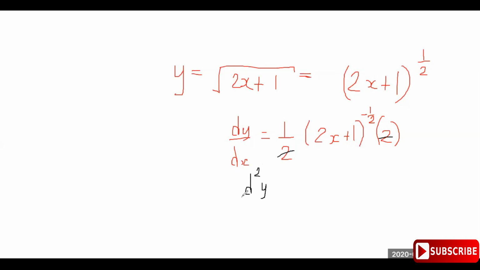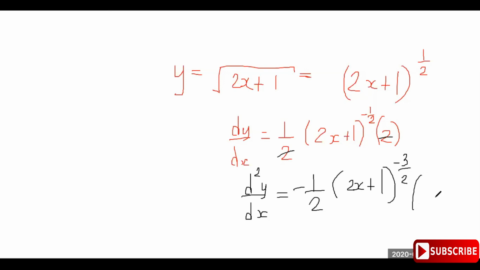So d2y by dx squared. We don't need to flip it over yet because we still differentiate. Bring down this power to be negative a half times subtract 1 from the power: 2x plus 1 to the negative 3 over 2, times 2.